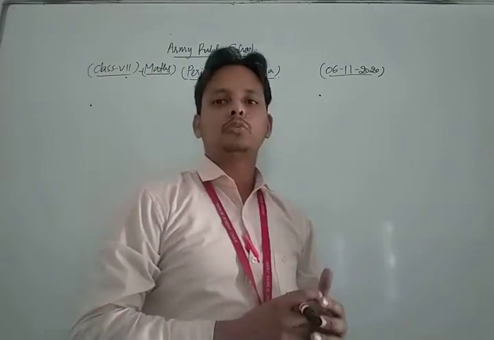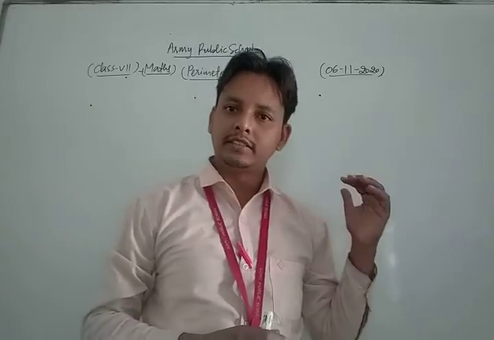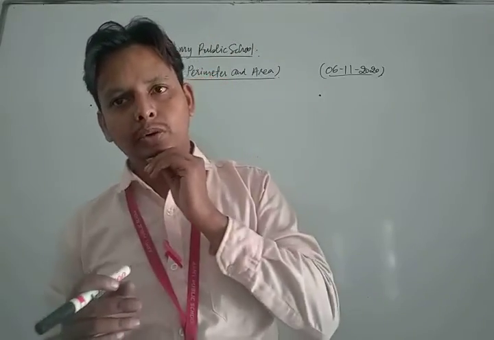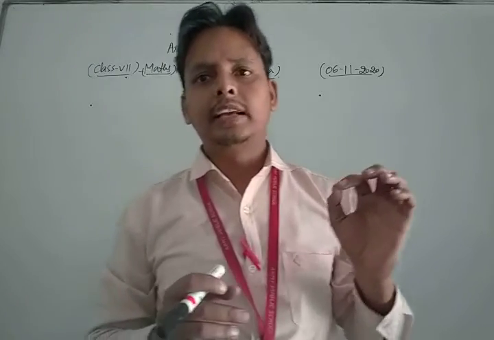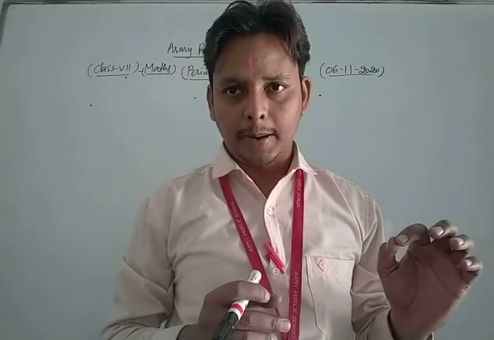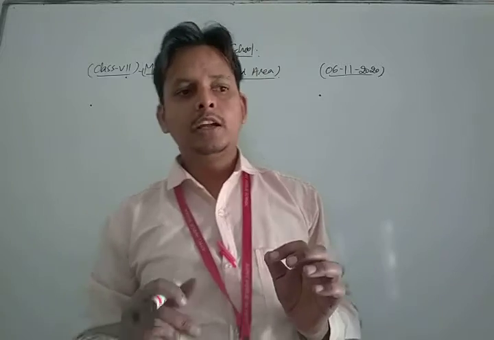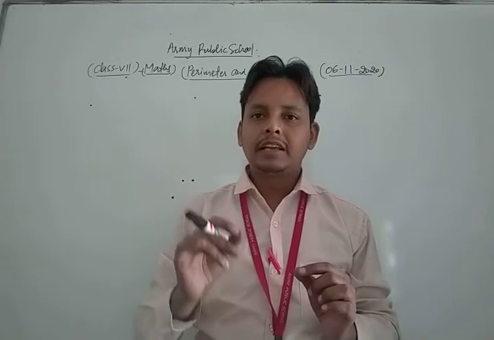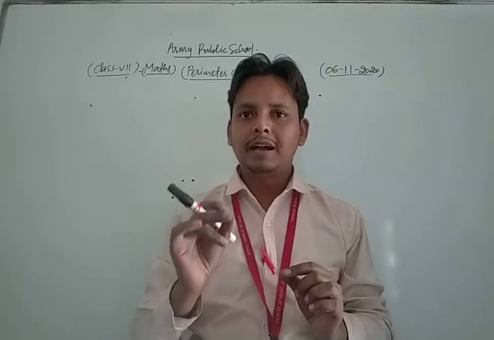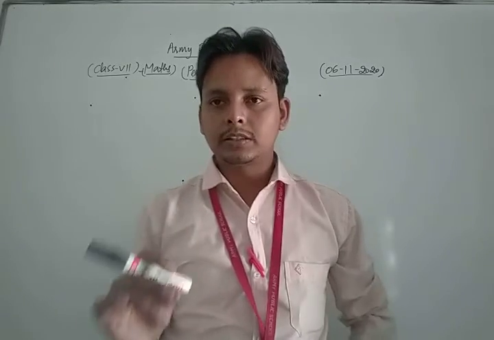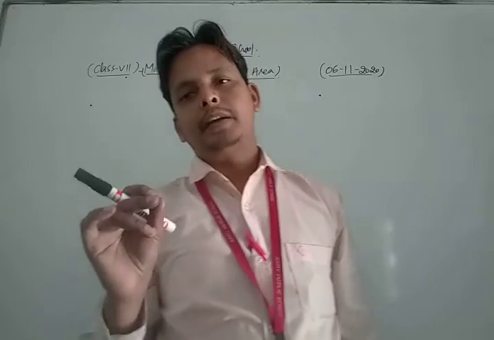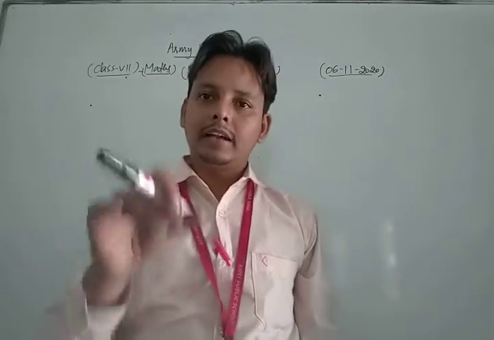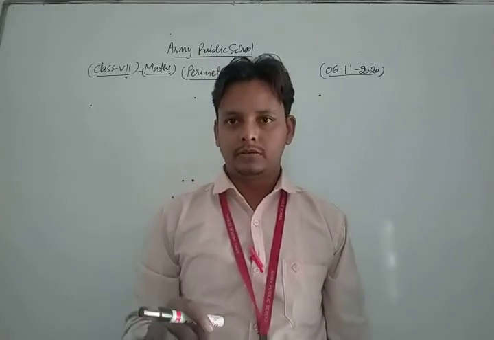Now first of all we discuss the formula for the area of parallelogram and triangle. After that we discuss the area and perimeter or circumference of the rectangle and circle, because all those topics are included in your chapter.